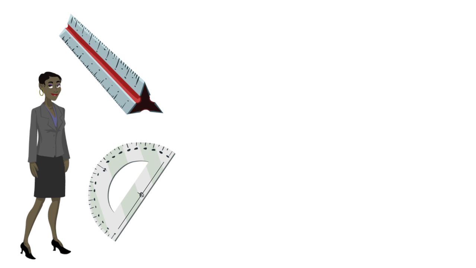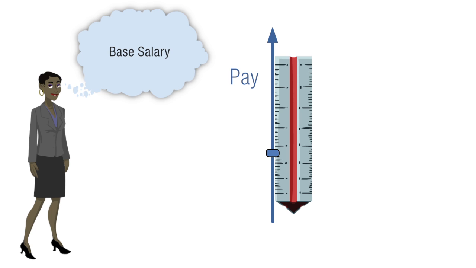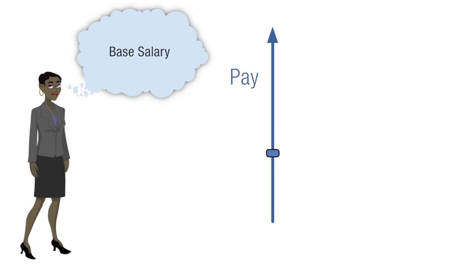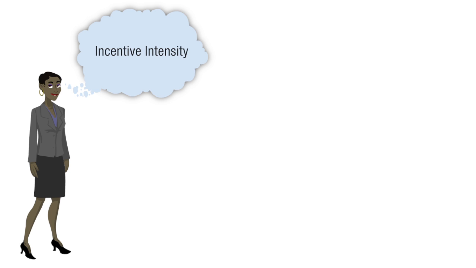Okay, so now what are the tools that the principal has at their disposal when they design their incentive compensation scheme? They have two key ones. The first one is the base salary. It's the minimum pay that the agent can receive, and the principal can make that high or low. Second, they can choose incentive intensity.